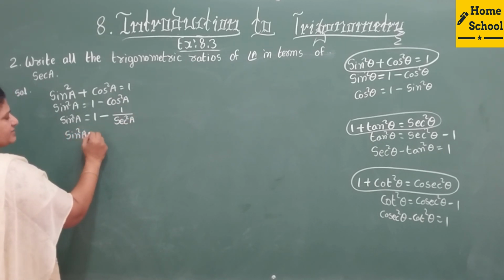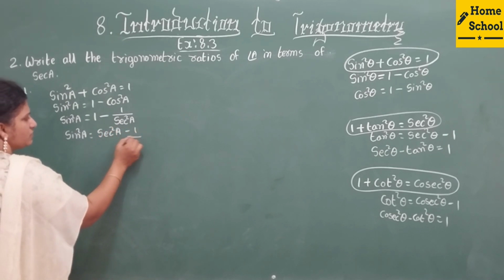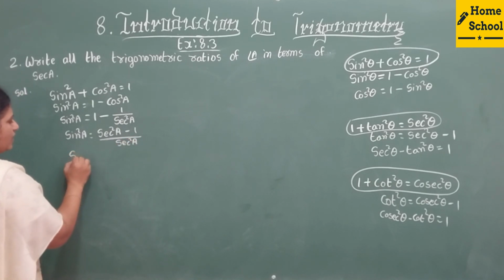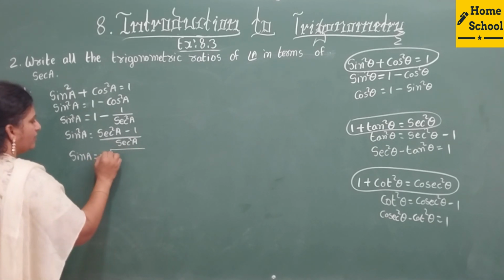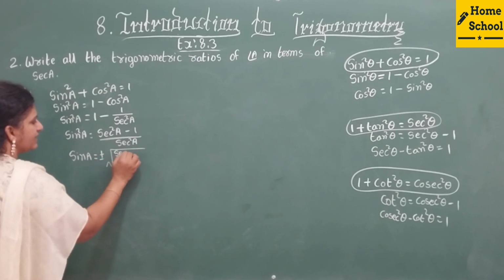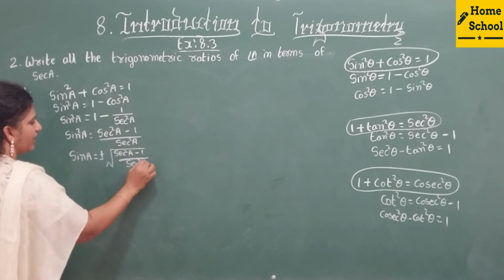Sin square A is equal to secant square A minus 1 by secant square A. Now sin A, apply square root on the other side: plus or minus square root of secant square A minus 1 by secant square A.